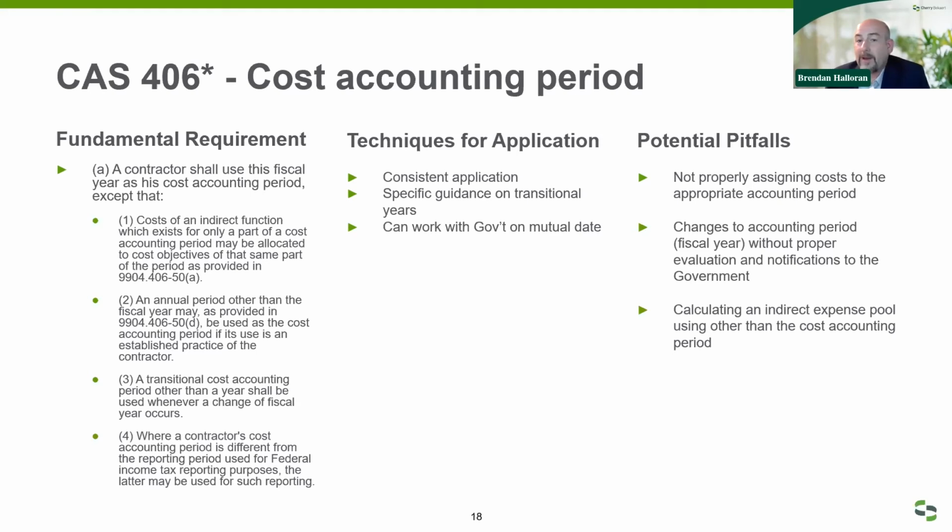And then another potential impact here is just whether you're kind of crossing those periods for calculation of your indirect expenses, and so that's really where it starts to impact those contract costs. And again, where there might be some perceived need for adjustment or risk on part of the government.